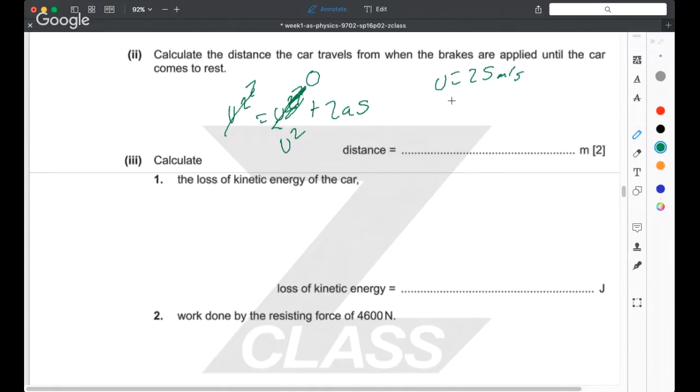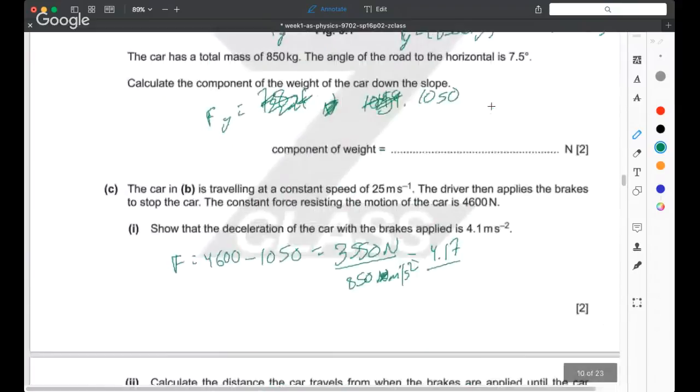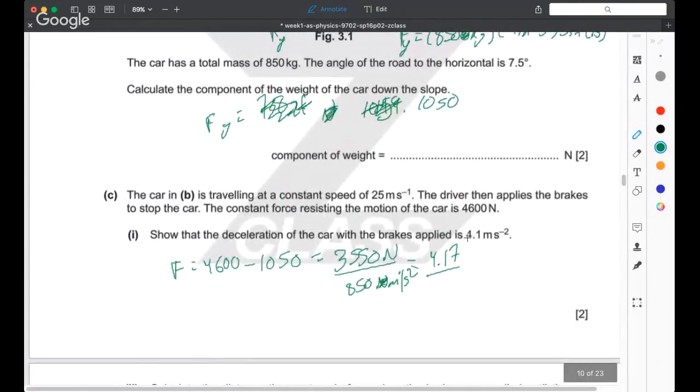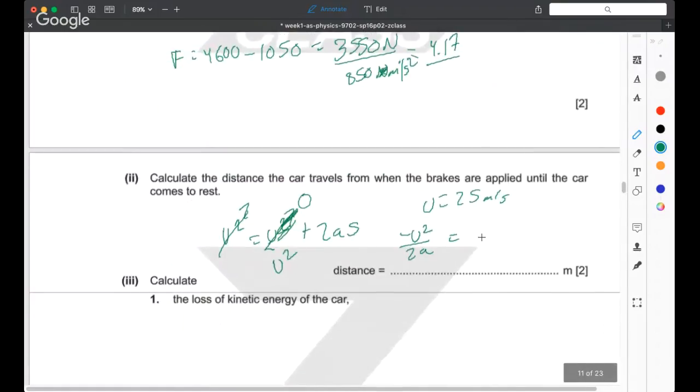And this is the distance, right? Yeah. So we have v equals 0, so we just have minus u squared over 2a. A is minus 4.1, so it's the opposite direction, so it's minus.